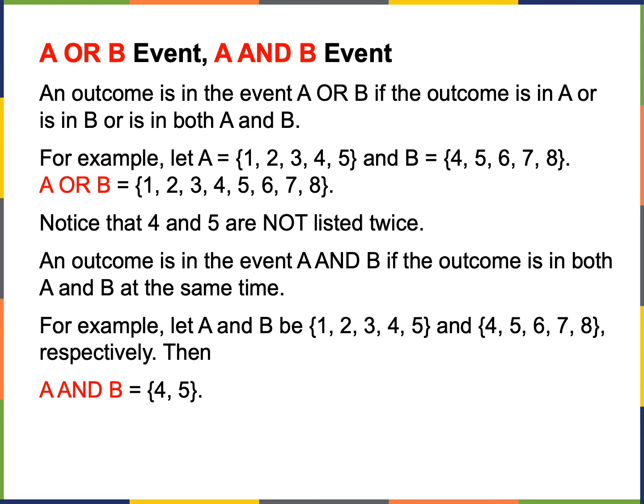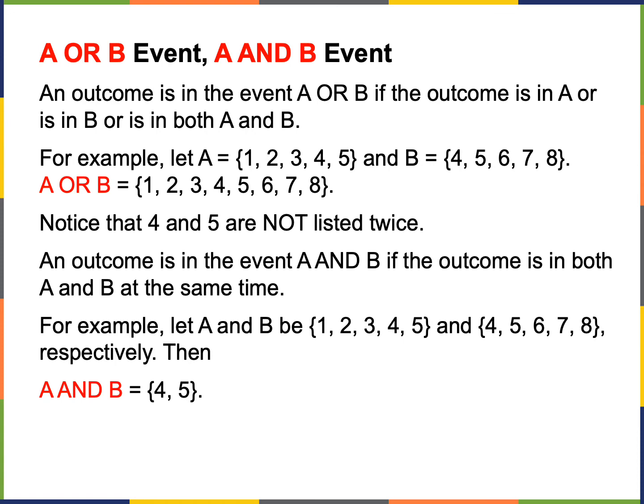So A union B is one way. A and B is also depicted by this symbol, and it looks like an upside down U. Okay, that means and.